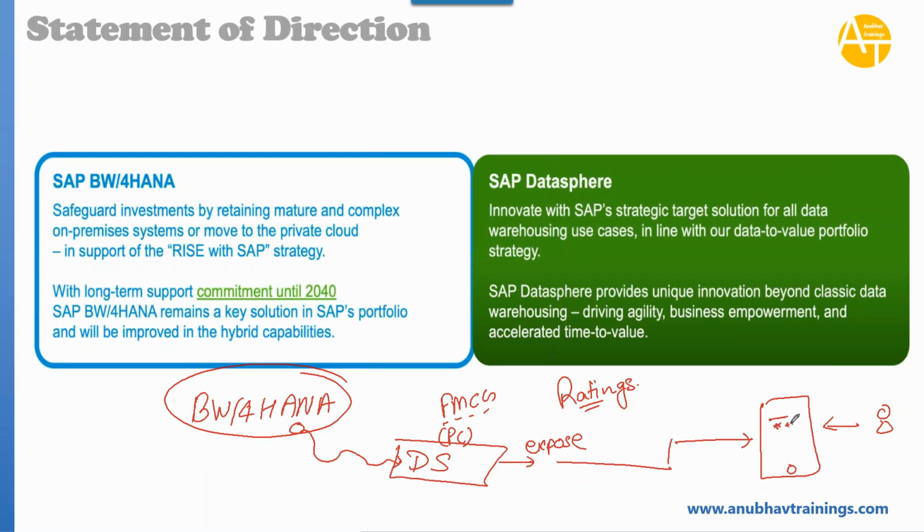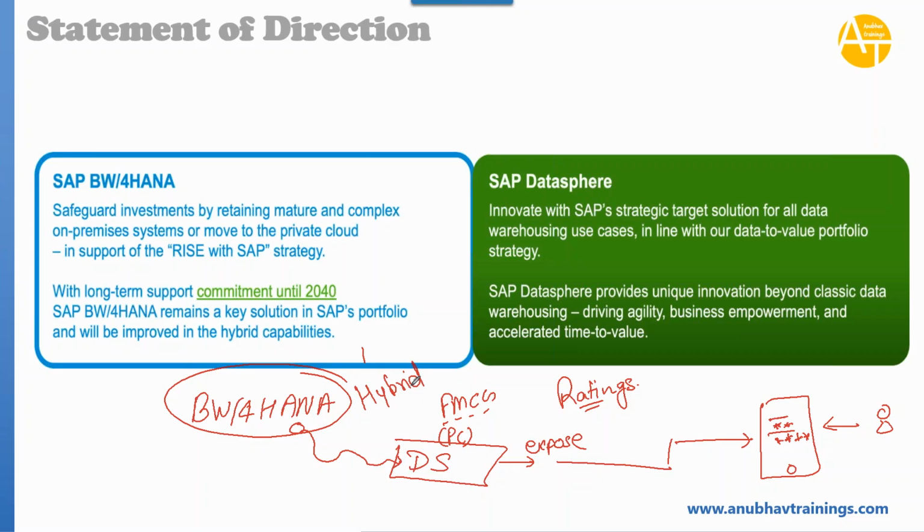Yes, so you can show the rating, the sentiments, to the customer. So what you've done, you are running both BW for HANA and DataSphere together in a hybrid model. So it provides innovation to your company.